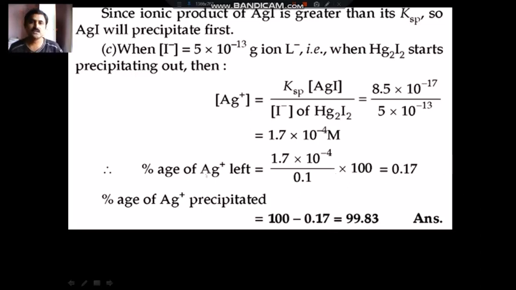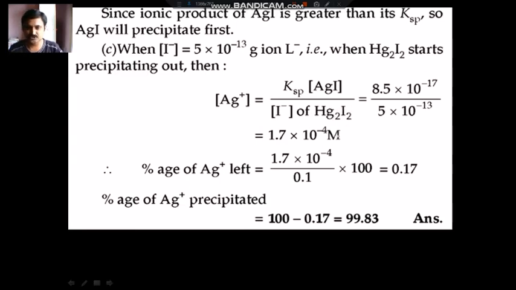When the iodide ion concentration is 5 into 10 power minus 13 gram ions and silver starts precipitating out, what is the silver ion concentration? The silver ion concentration is calculated using the expression Ksp of silver iodide divided by the iodide concentration of mercurous iodide.